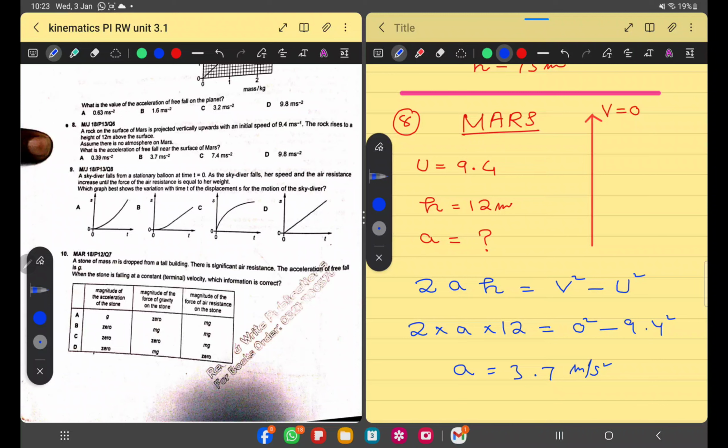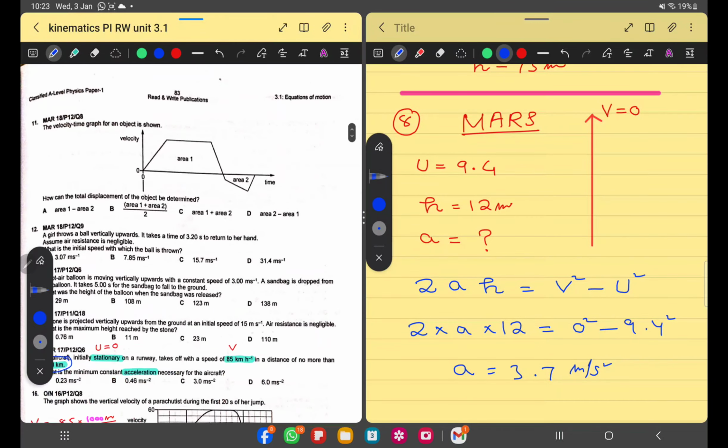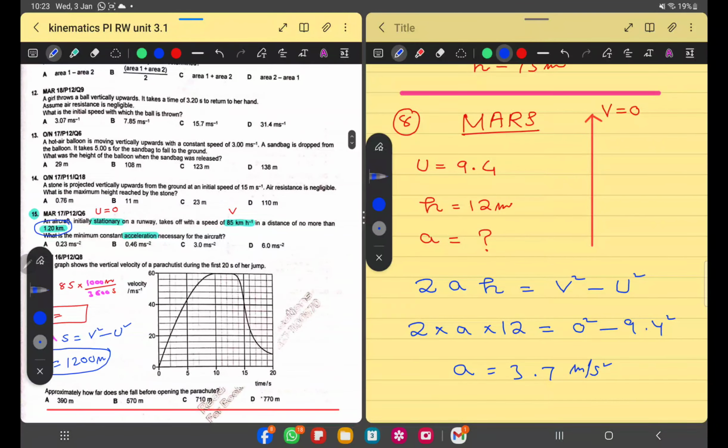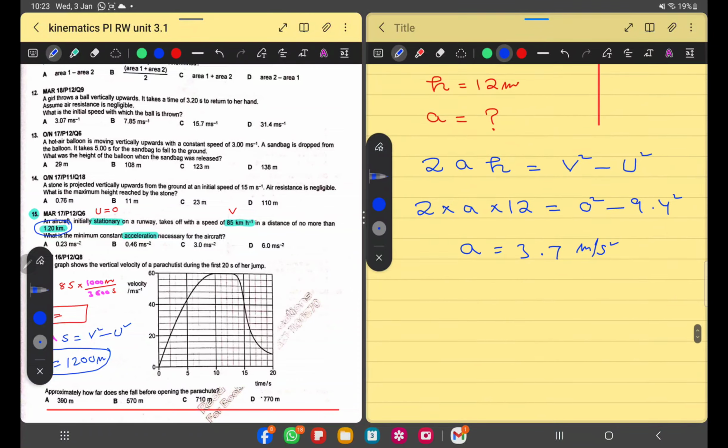Have you noted? And after question number 8, question number 13 and question number 4 are of the same type.